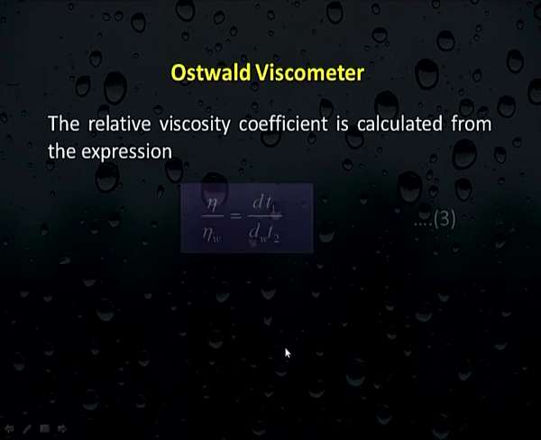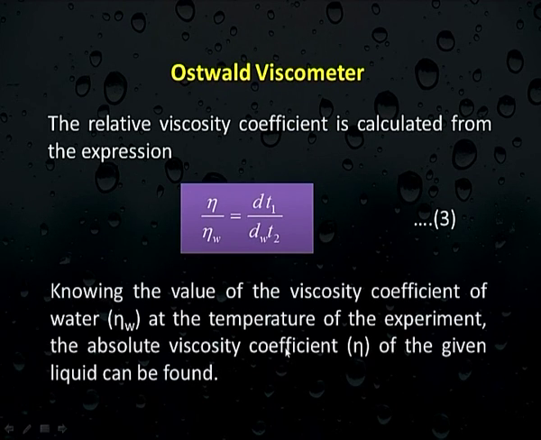Now, the relative viscosity coefficient is calculated from the expression here, and knowing the viscosity coefficient of water, eta, at the temperature of the experiment, the absolute viscosity coefficient of the liquid can be determined.